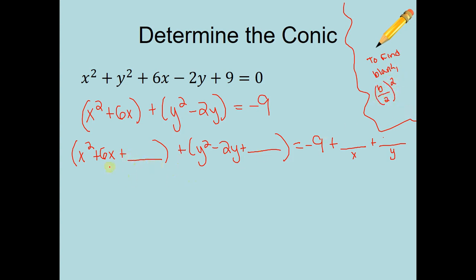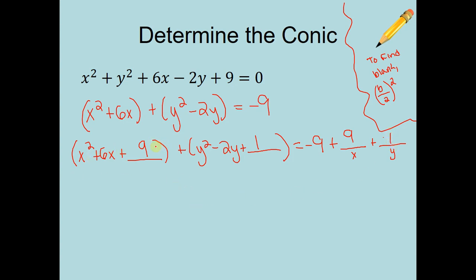So, I'm going to go 6 divided by 2, 3, square that, 9. Now, if there's a 9 over here, I better put the 9 over here too. Take this number, divide that by 2. That would be negative 1. Square that, 1. Put a 1 over here.